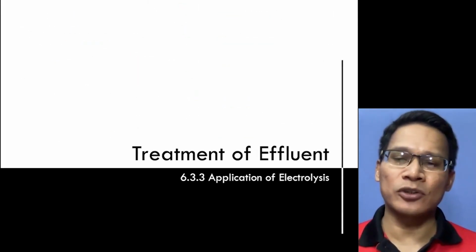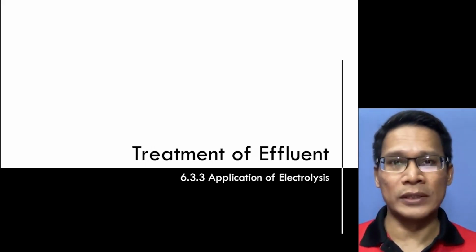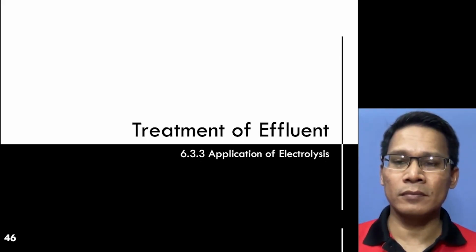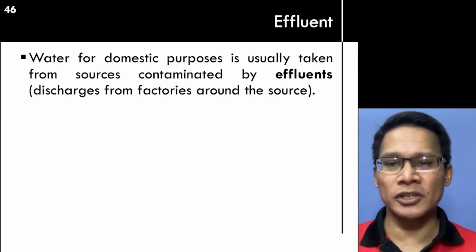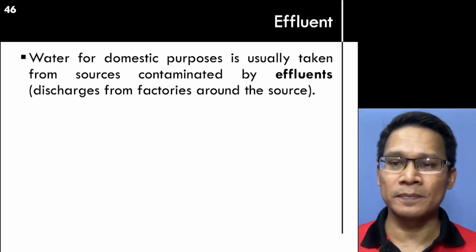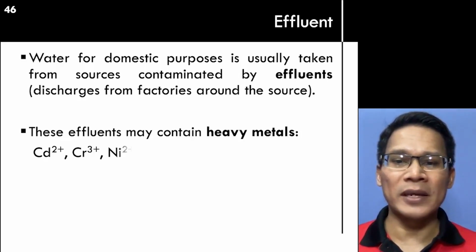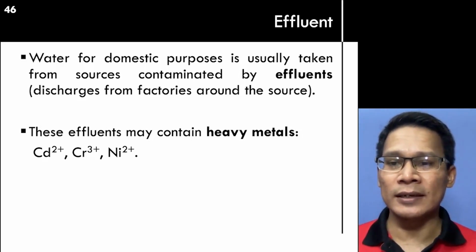The third use of electrolysis that we are going to explore is in the treatment of effluent. Effluent are industrial waste that are discharged into open waters such as rivers, lakes, or the sea. This waste from industrial processes often contains harmful chemicals that must be removed.